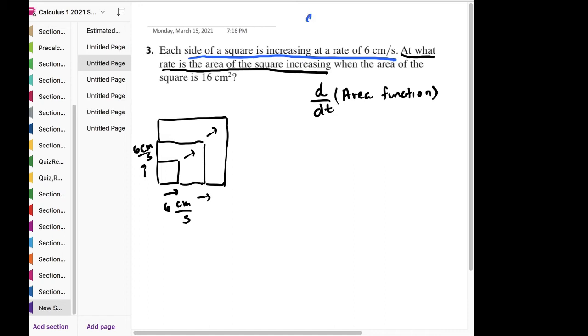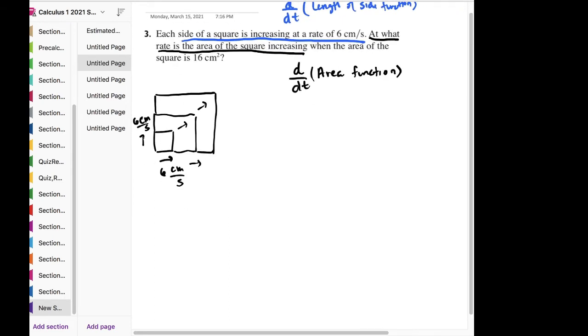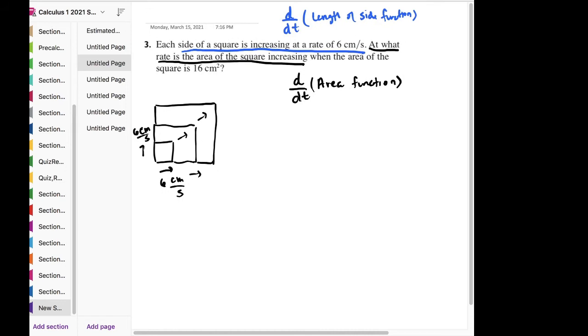Of what? Yes, length of the side function. Okay, good. So if we know these two things, what we want to find is the derivative of the area.